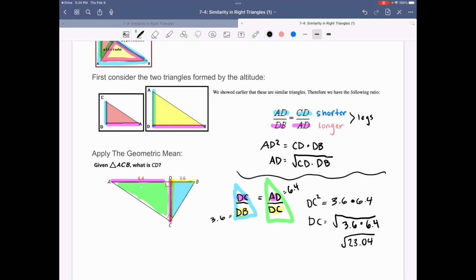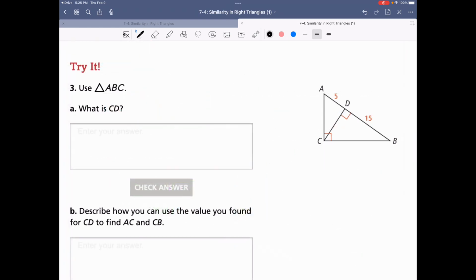And then in my calculator, I'll take the square root. The square root is 4.8. And that is what DC equals. So you could draw an arrow showing that that is the length of DC, 4.8. And it makes sense. If we look at the diagram, if it's drawn to scale, it looks like that would be 4.8.